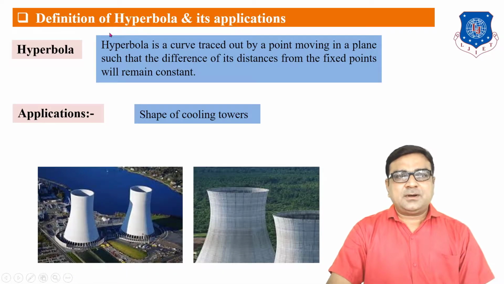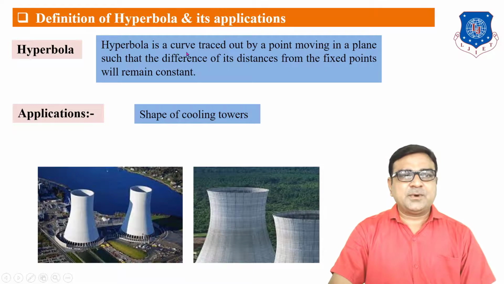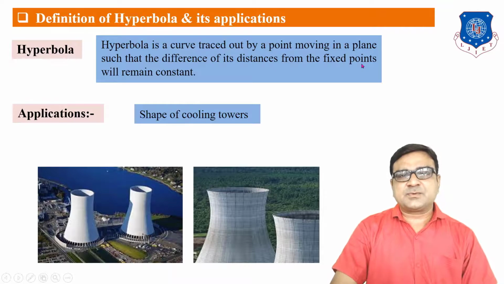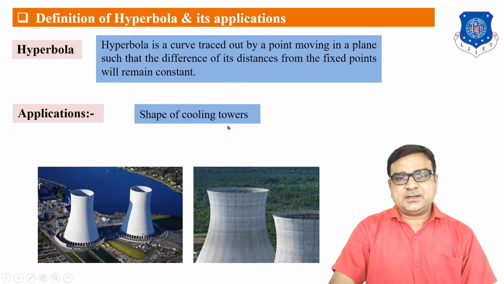Now hyperbola. A hyperbola is a curve traced out by a point moving in a plane such that the difference of its distances from the fixed points will remain constant. You can see the application of hyperbola is in cooling towers. A cooling tower is used to condense the steam in a thermal power plant.